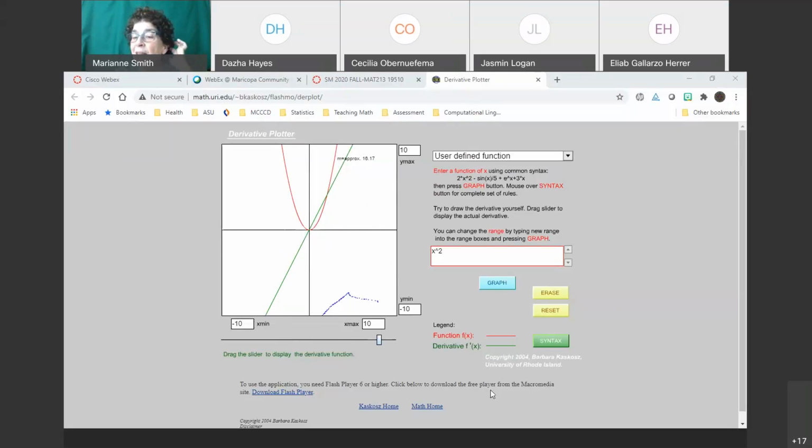So I really like this app, and let me just ask any questions about the app. You have a link to it, and I would strongly, strongly urge you to play with it. So you're comfortable about just what information this derivative is giving you.